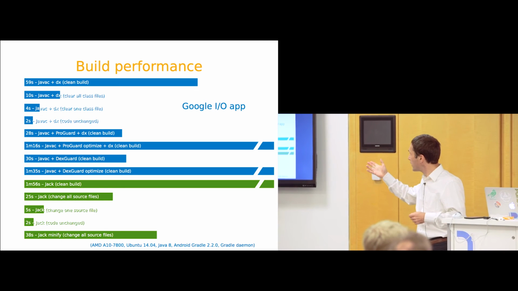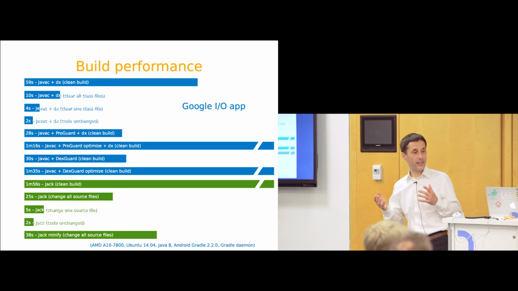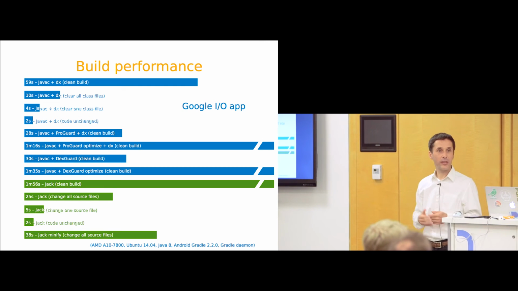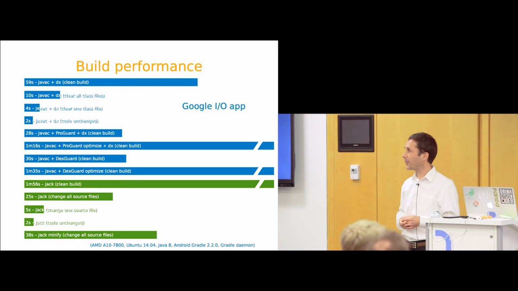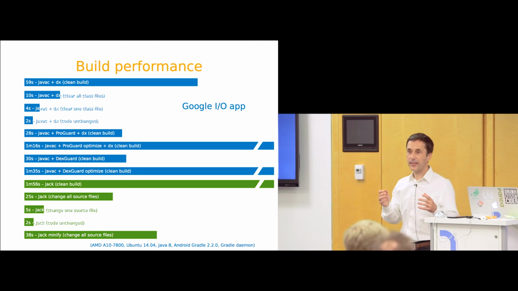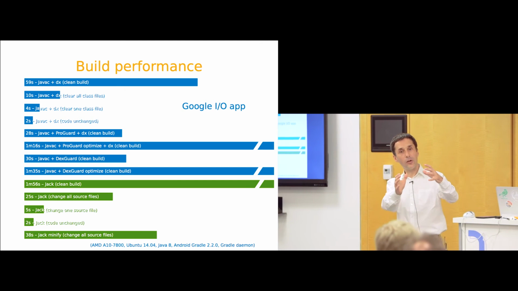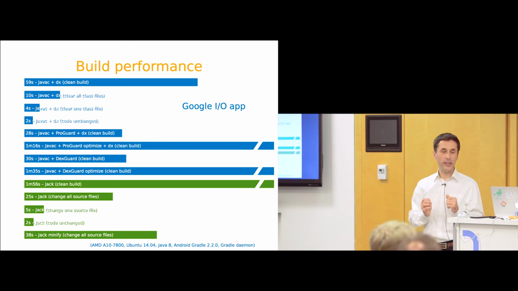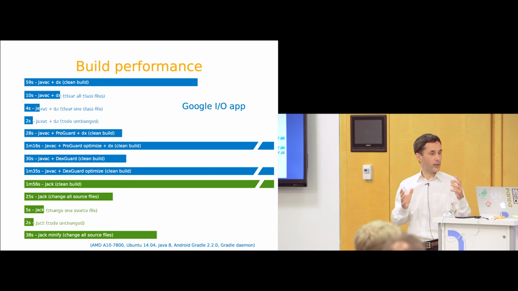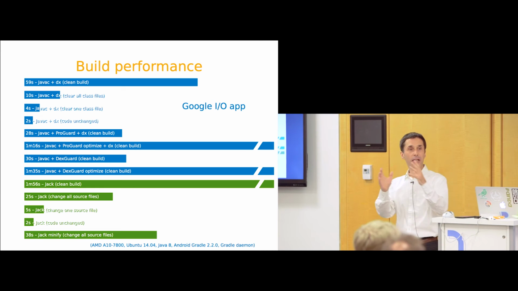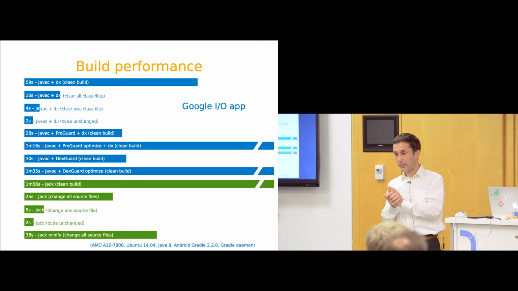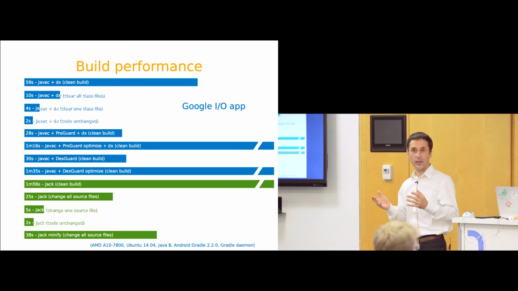Also somewhat surprising, perhaps, with the Jack tool chain, the initial clean build is quite slow. The reason for that is that there's this Jill compiler, which has to take all of your libraries, all of your external dependencies, and convert those to Jayce bytecode, and that takes a lot of time.